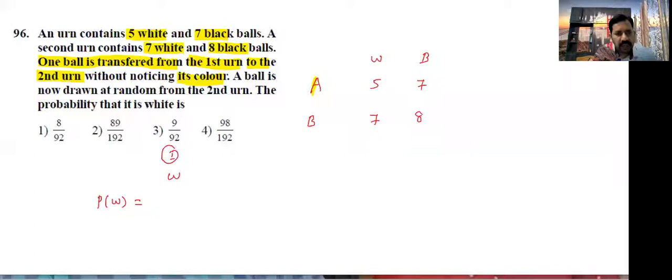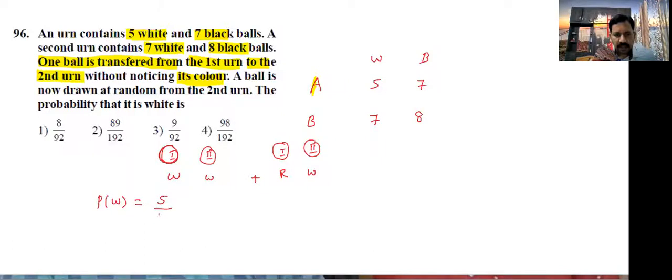In the second draw also we want to select white color only. This is the first case. In case in the first urn I draw black color, but in the second draw I want to select white only. First see that I am going to select the first draw. That is bag A. What is the probability of selecting a white color ball?